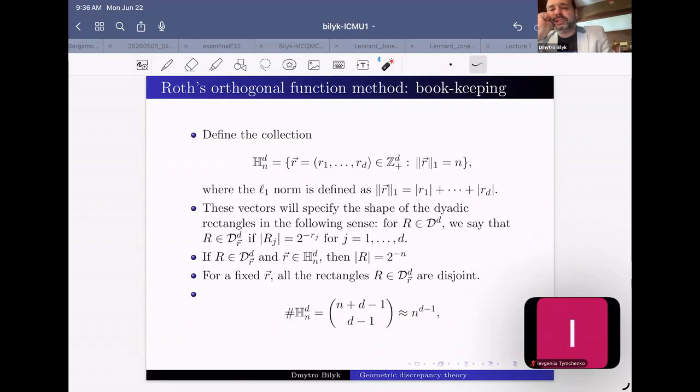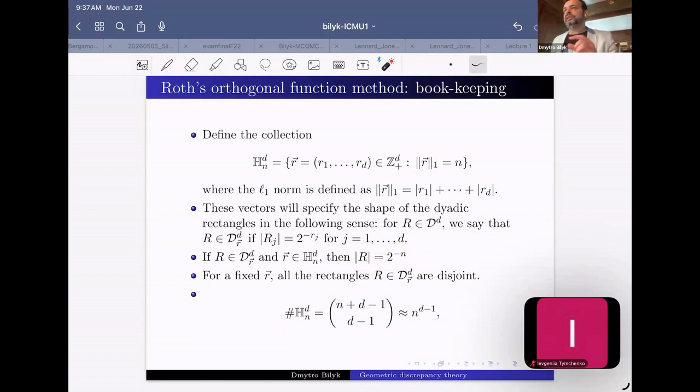Now, d minus 1 is pretty easy to explain in this case, heuristically, in the following way. If you don't have any restriction on the size of the rectangles, you can choose every side more or less freely. You can have n choices for every side. Right? But now you have a restriction on the size.